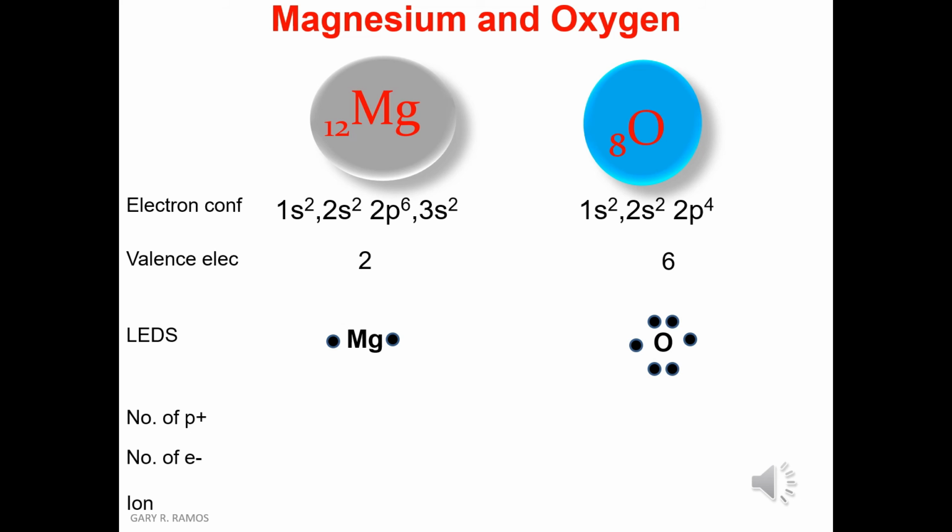So let us now draw the Lewis electron dot structure of both magnesium and oxygen. Magnesium has 2 valence electrons, thus we're going to add 2 dots around the chemical symbol of magnesium. And since oxygen has 6 valence electrons, we're going to add 6 dots around the chemical symbol of oxygen.